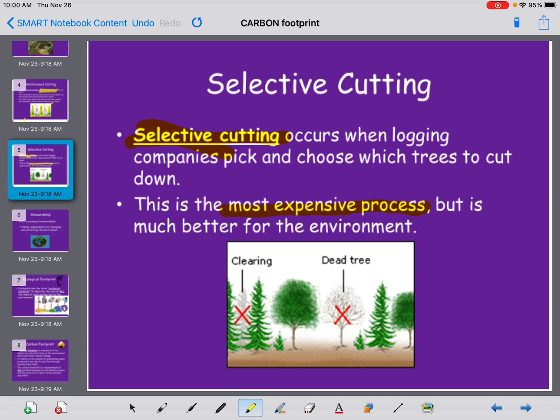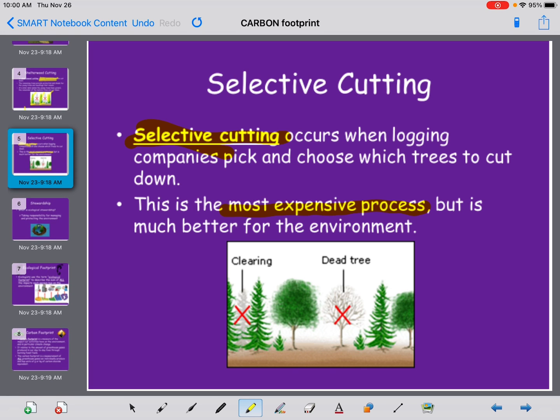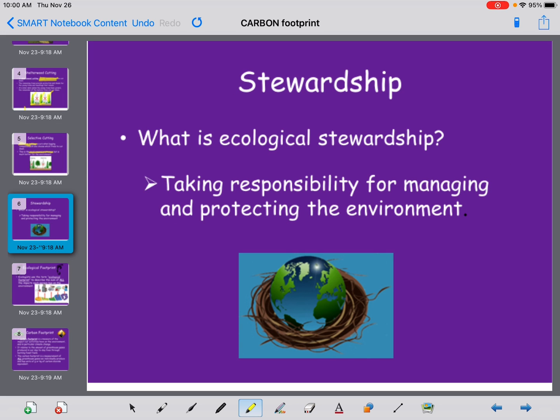Okay, so that's deforestation. So now in terms of stewardship, my hope for everybody in this class is that we are all ecological stewards of the earth. So what does that mean?